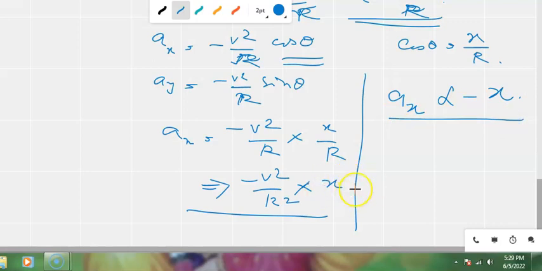When a force is proportional to the displacement and acting against the displacement, then the object executes a simple harmonic motion. Here we are talking about the x coordinate.